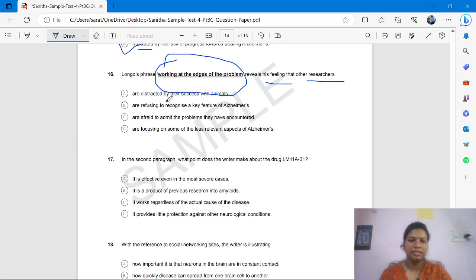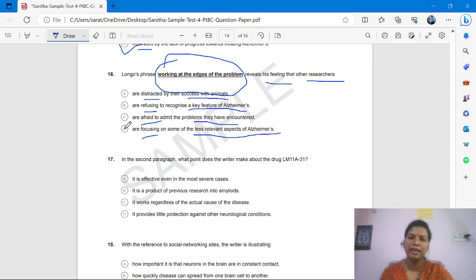Are distracted by their success with animals, are refusing to see key features of Alzheimer's, are afraid to admit problems they have encountered, or are focusing on some of the less relevant aspects of Alzheimer's.